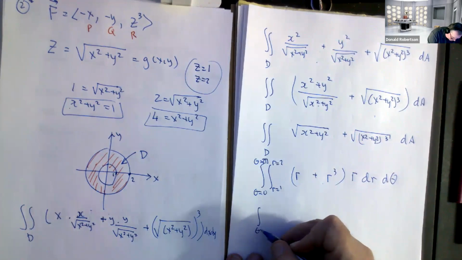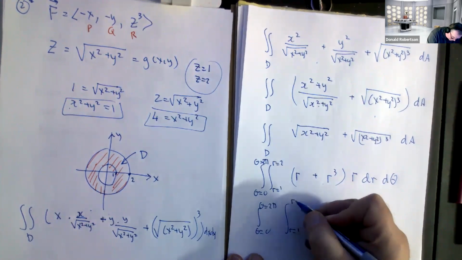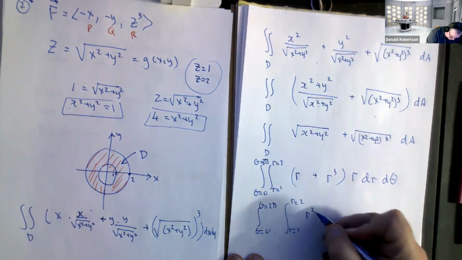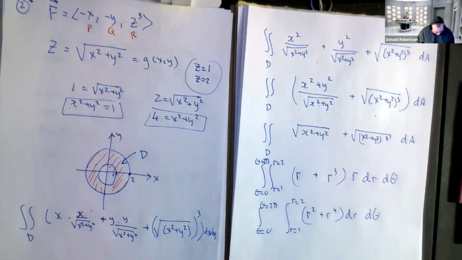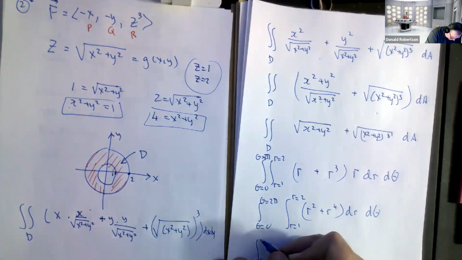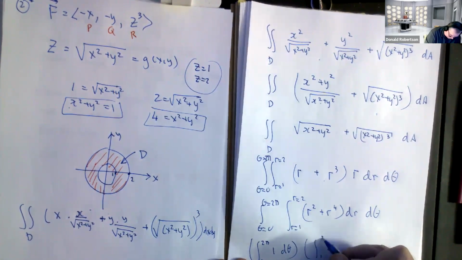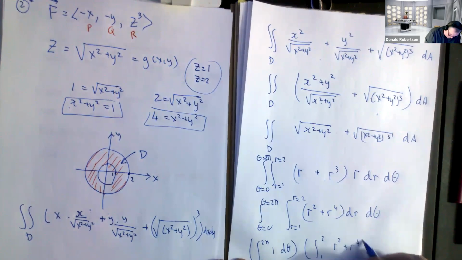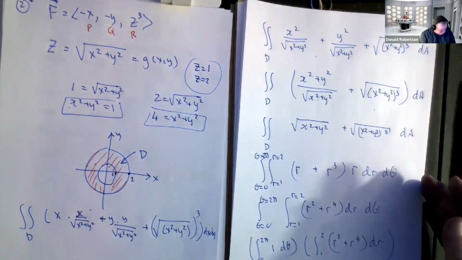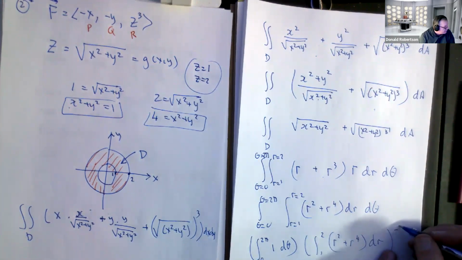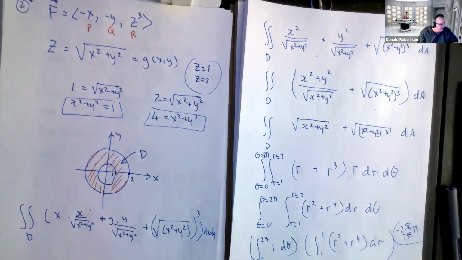And that would become the integral from 0 to 2 pi, r from 1 to 2, of r squared plus r to the 4, dr d theta. And then we got lucky because it's variable separable. And allegedly, the answer is negative. Okay, and it's negative 256 over 15 pi. Rather weird number, and that's what they say it is.